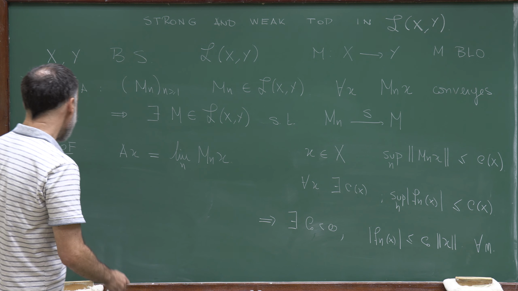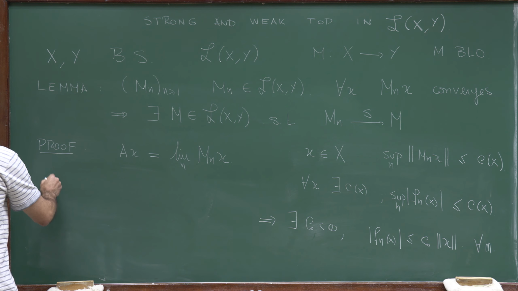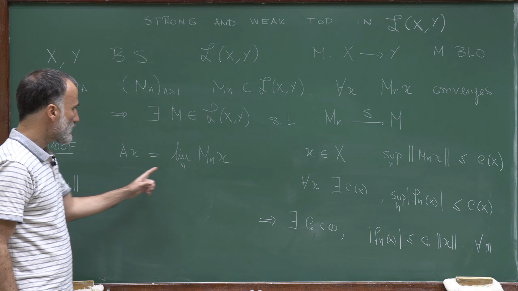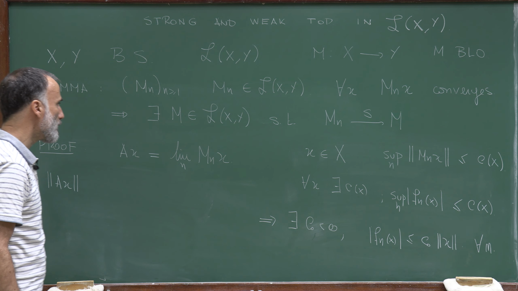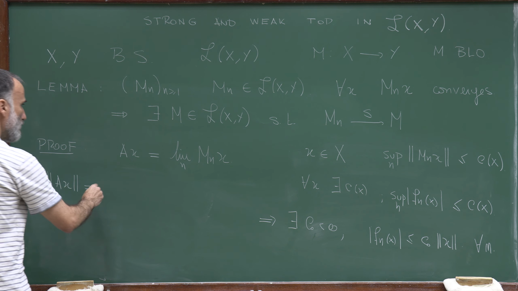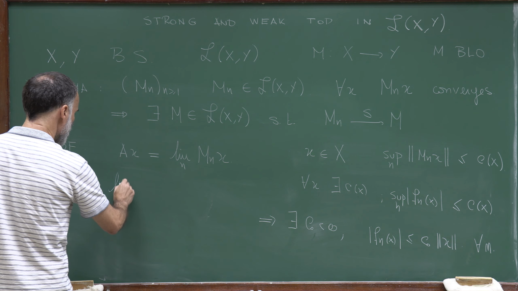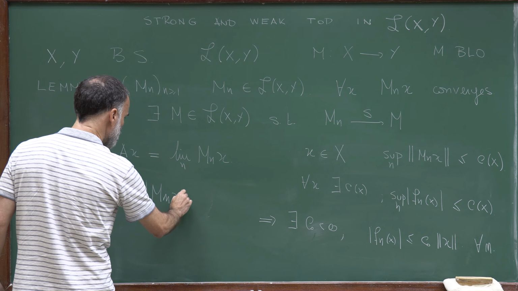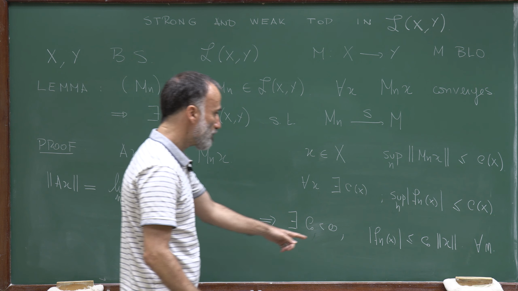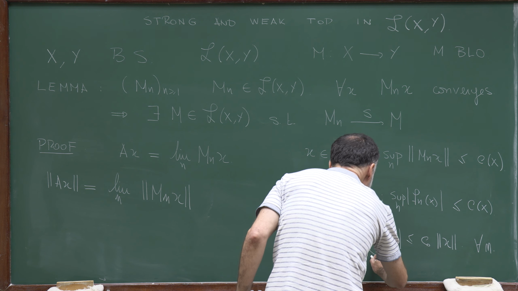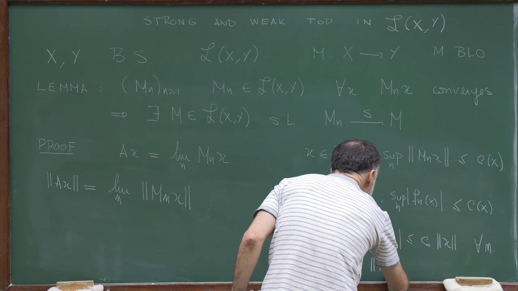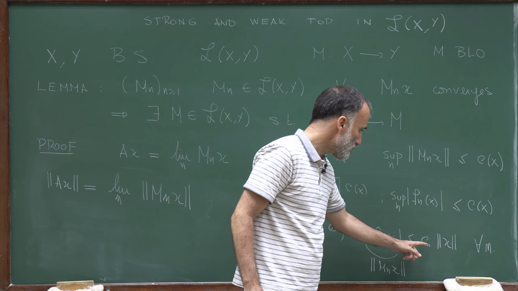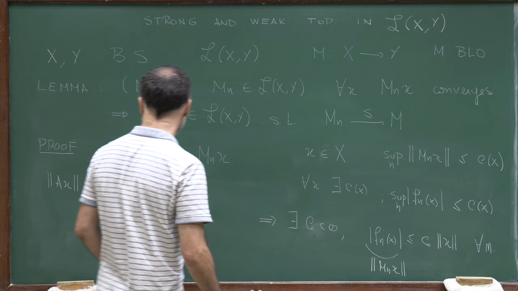Well, but then we can use that to say that the norm of Ax is the limit of the norms of M_n x. And by definition, this is the norm of M_n x. So the norm of M_n x is bounded by a constant times the norm of x.